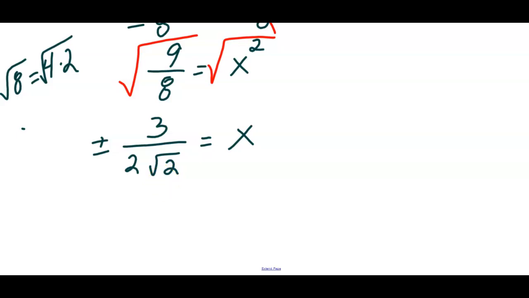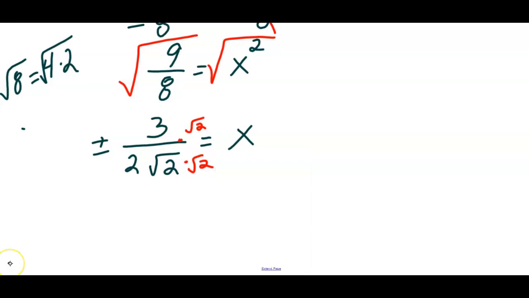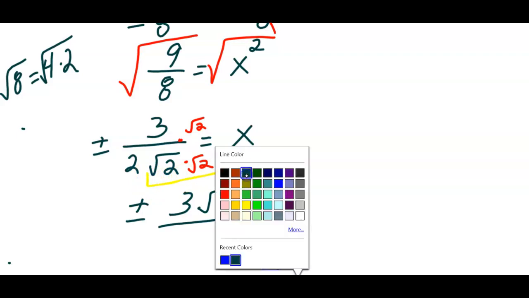You have to multiply the top and bottom here by the square root of 2. You're not allowed to leave a square root in the bottom. Okay, so our numerator, plus or minus 3 square roots of 2. And our denominator, this is just 2 times 2, because when you multiply these together, you just get a 2. And 2 times 2 is 4.